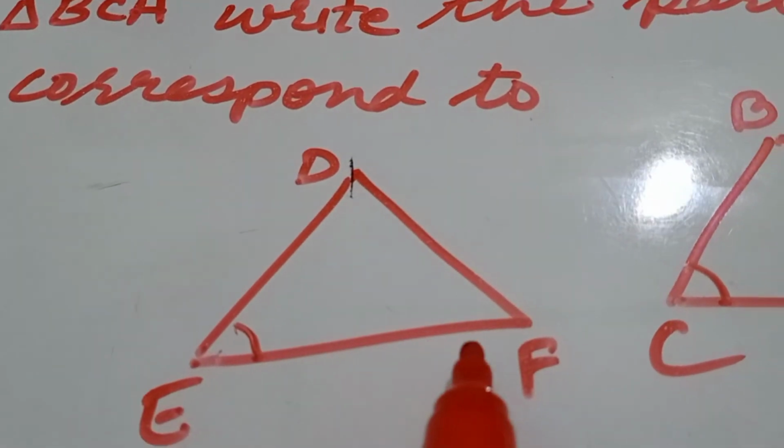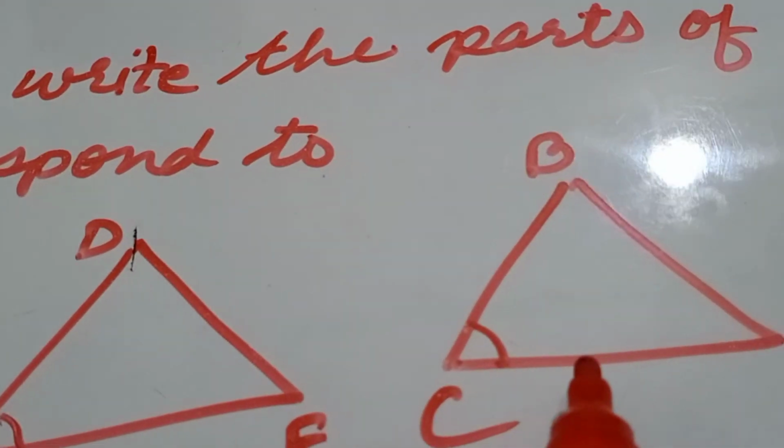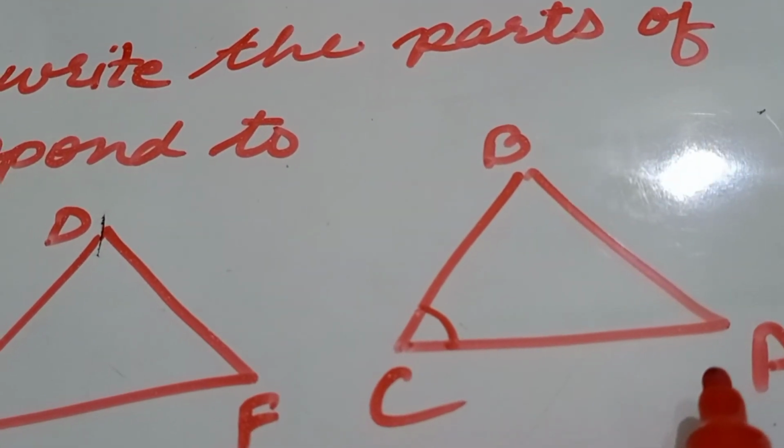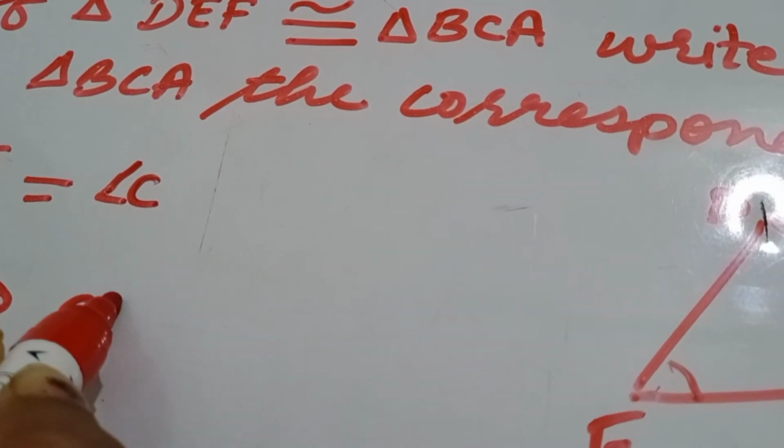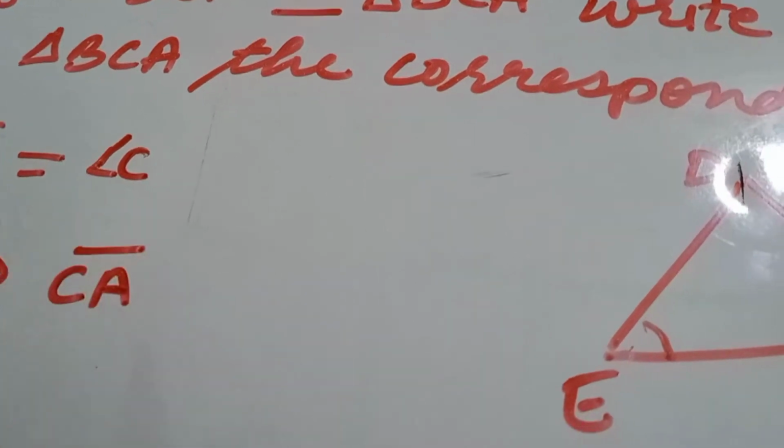Line segment EF is here and this is equal to CA, so it will be corresponding to line segment CA.